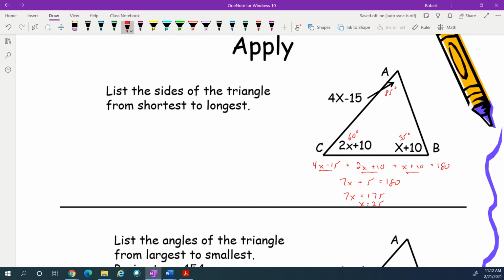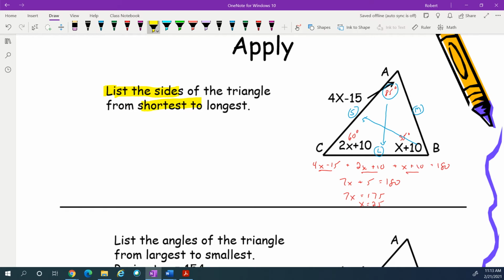Now I know my real angles, but I was asked to list the sides. So the biggest angle is opposite the biggest side. The smallest angle is opposite the smallest side. And the last one has to be the medium.